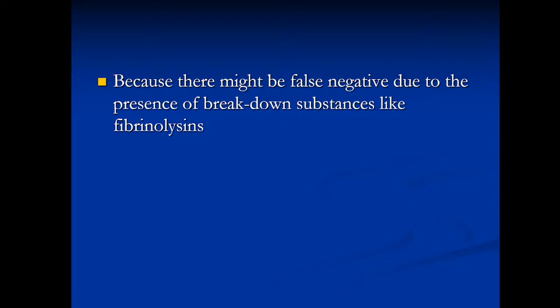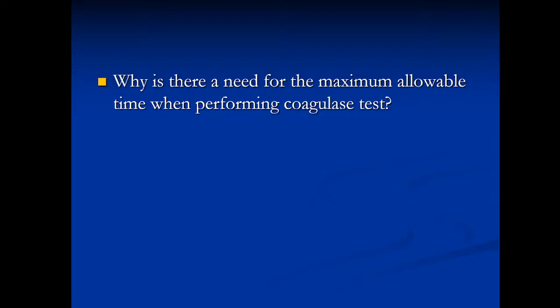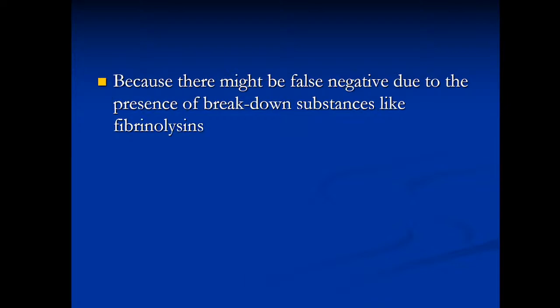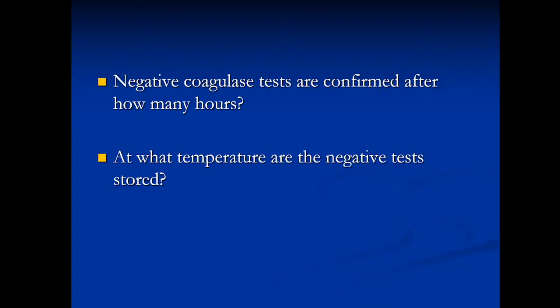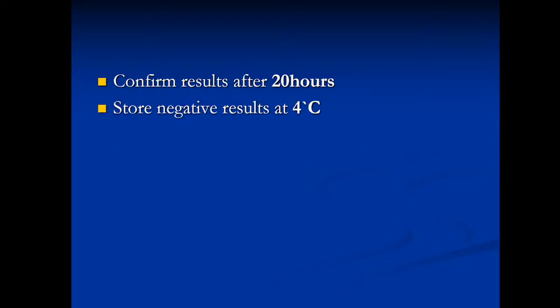Now, since we talked about the maximum allowable time for the whole test, in order to confirm negative coagulase results, you have to leave it for 24 hours and store the result at 4 degrees Celsius. All right? So you have to confirm it.